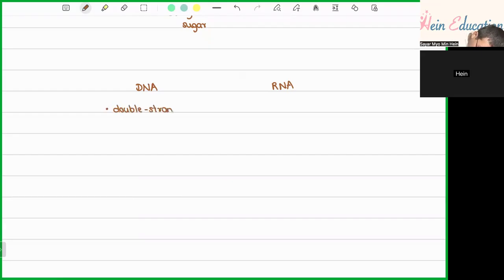DNA is double-stranded, and RNA is single-stranded. DNA has deoxyribose sugar. For RNA, it is ribose sugar.